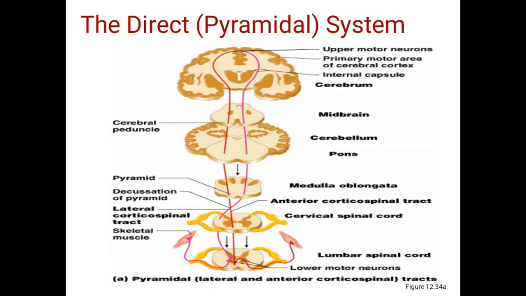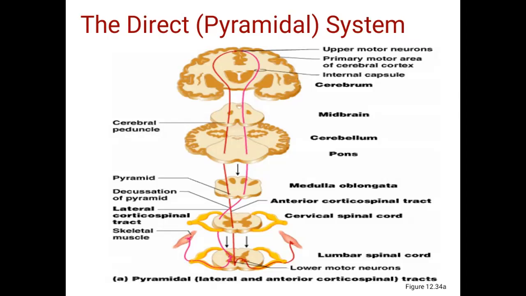Inside the internal capsule, the pyramidal tract occupies the genu and the anterior two-thirds of the posterior limb of the internal capsule. It is a representation of your body upside down.